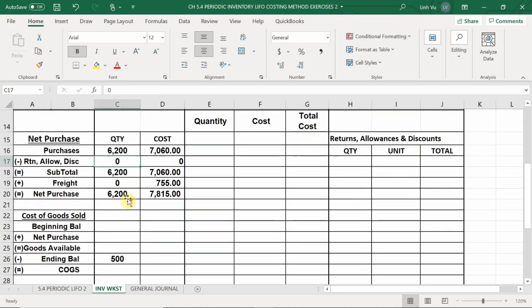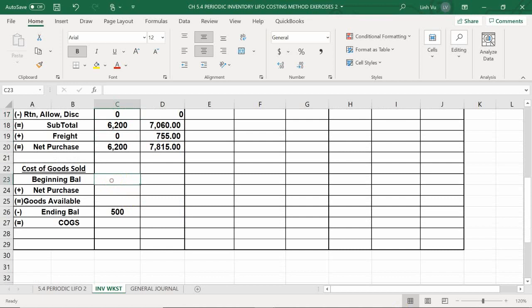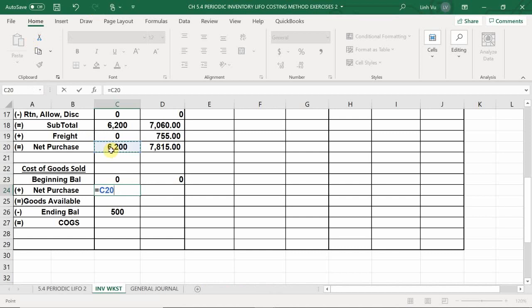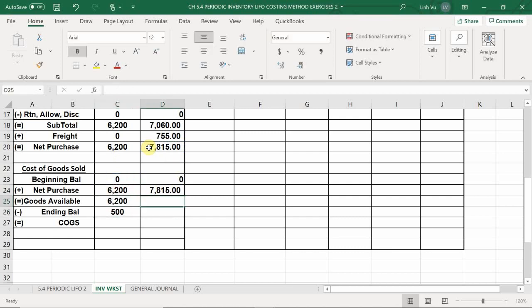Okay. So then, once again, we're going to go ahead and plug those numbers in. We have no beginning balances, right? We're going to carry our net purchases down, which in this case, if we don't have any beginning inventory, therefore, my goods available is going to be exactly the same.